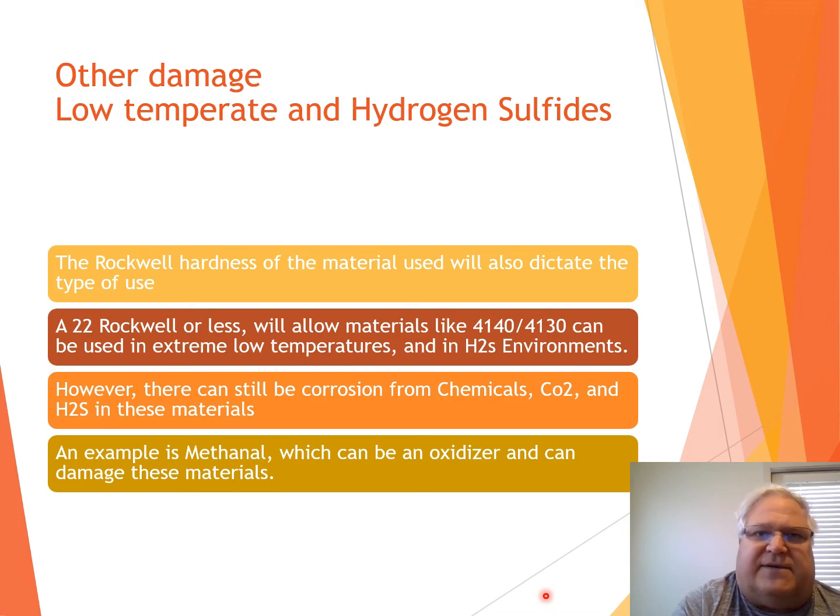So you want to have that Rockwell less than 22, but then there's also 4140 and 4130 material that can have a tensile strength that can be significantly below that 96,000. So it's important when you're talking to your supplier to check out all the material information and mechanical properties.